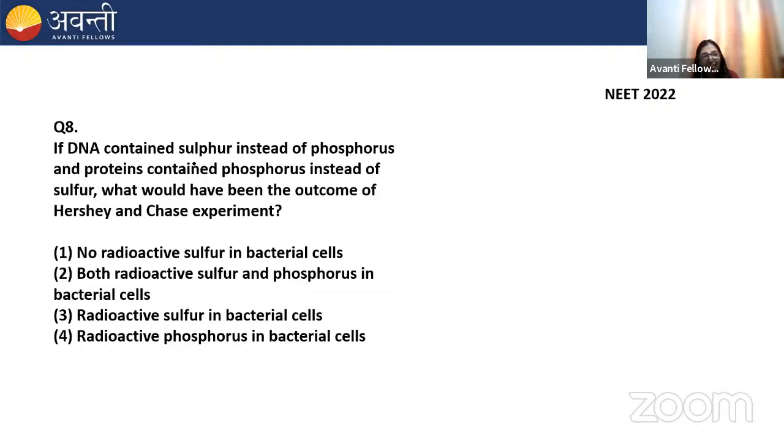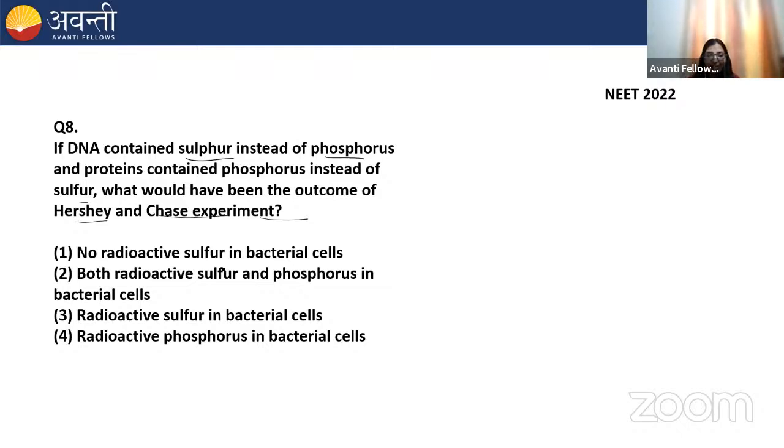Question 8 says that if the DNA contains sulfur instead of phosphorus and the protein contained phosphorus instead of sulfur, what would have been the outcome of the Hershey and Chase experiment? 1, non-radioactive sulfur in bacterial cell. 2, both radioactive sulfur and phosphorus in bacterial cell. 3 is radioactive sulfur in bacterial cell.